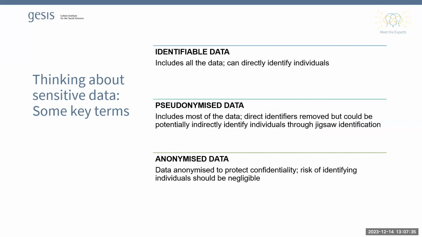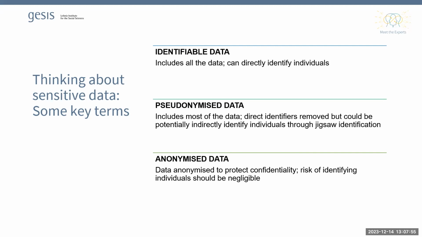If we think about data, we can try and simplify this by thinking of 3 main categories. We start off with what we would think of as identifiable data. This is a data set which includes literally everything as it is collected.